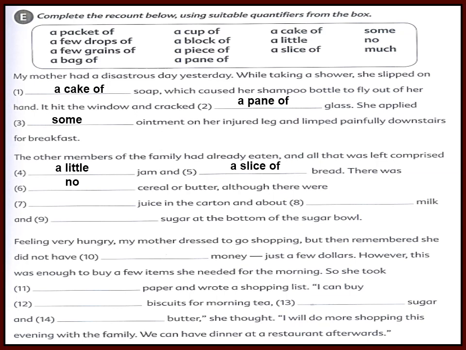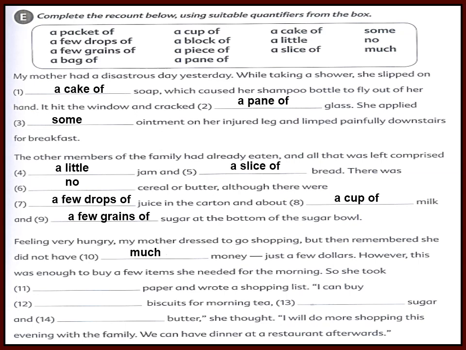Although there were dash juice in the carton, a few drops of juice in the carton, and about dash milk, about a cup of milk, and a few grains of sugar at the bottom of the sugar bowl. Feeling very hungry, my mother dressed to go shopping, but then remembered she did not have much money, just a few dollars.